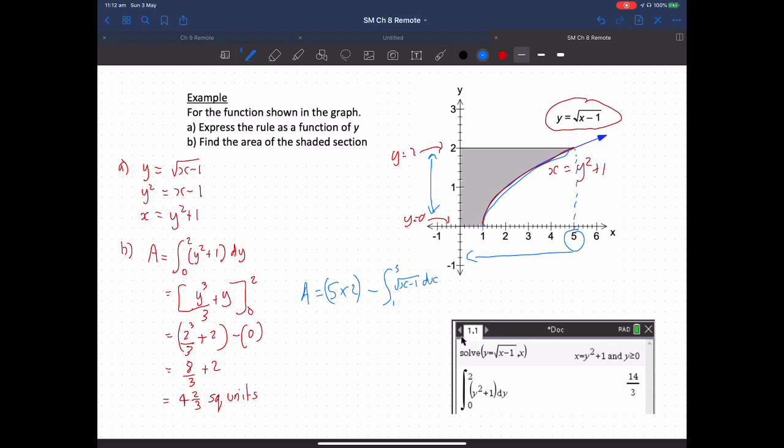If you look at our calculator displays, you will see that for part A, I typed in solve y equals the square root of x minus 1 for x, and you see it gave us x equals y squared plus 1 for y bigger or equal to 0, which matches up with what we got for part A. We then asked the calculator to evaluate the integral from 0 to 2 of y squared plus 1 dy, and we've got 14 on 3, which is 4 2/3 square units.